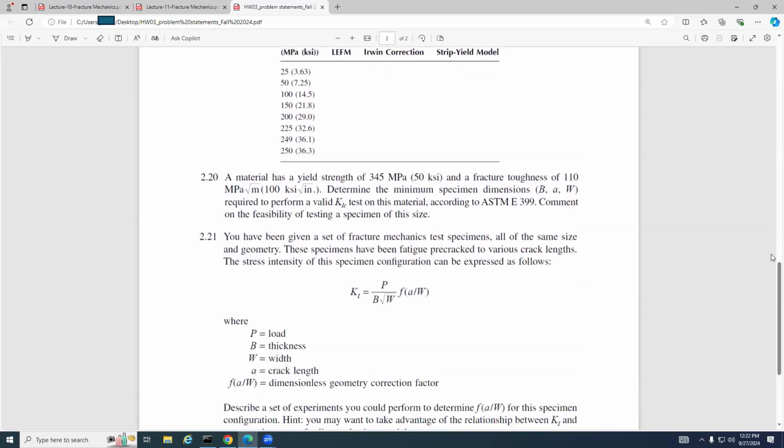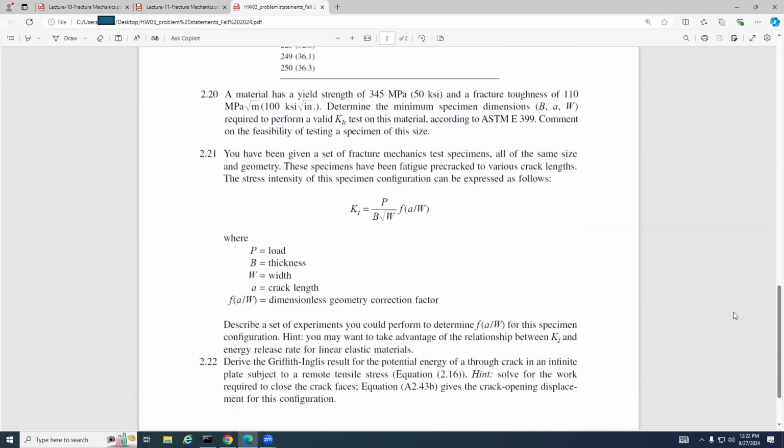So 2.21: using this equation, describe a set of experiments you could perform to determine this for this specimen configuration. I will give this one to you, okay?